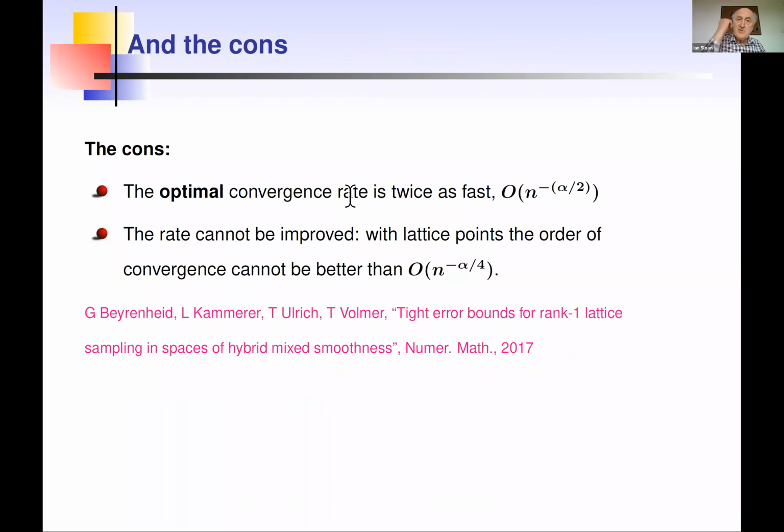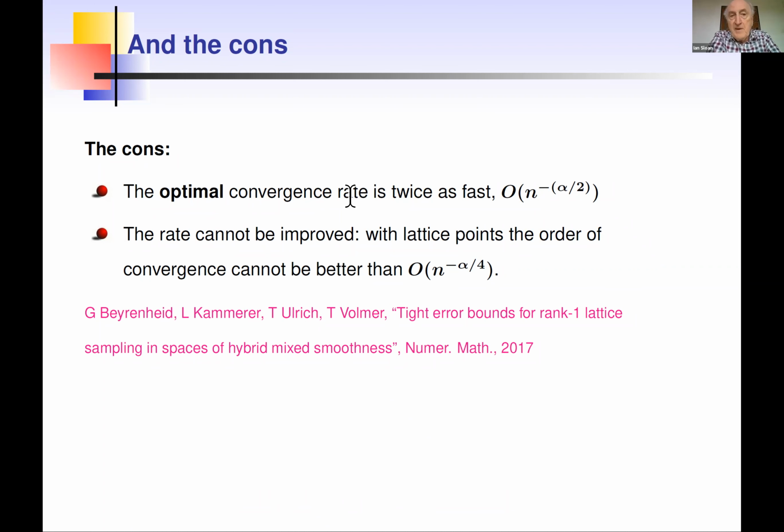But now the cons. The most striking con is that the rate of convergence that we have proved, n to the minus alpha on 4, is not optimal. The optimal convergence rate is n to the minus alpha on 2. Remember, alpha on 2 is the number of derivatives, so that makes sense in our mixed derivative setting.